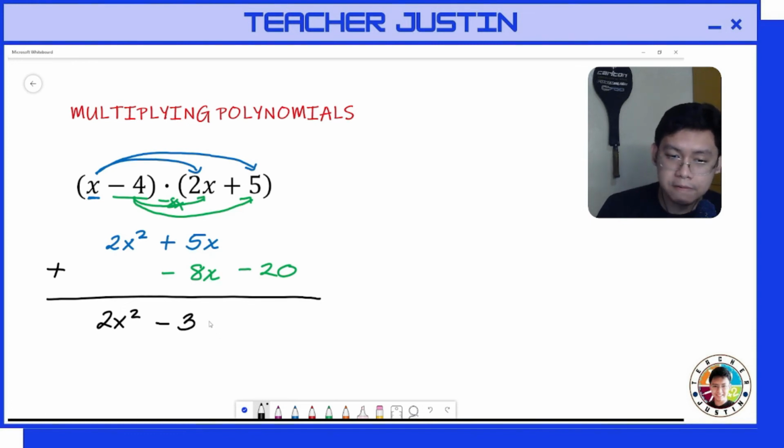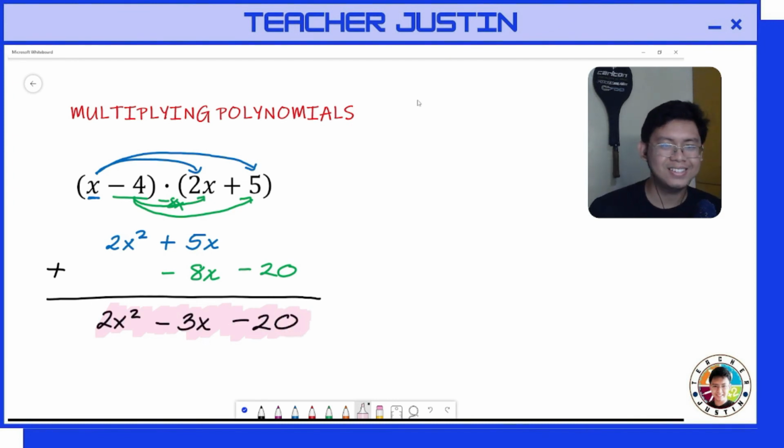Then copy the variable. So we will have negative 3x. Then negative 20 doesn't have any partner, so just bring down negative 20. So their product will be 2x squared minus 3x minus 20. And that will be our final answer.